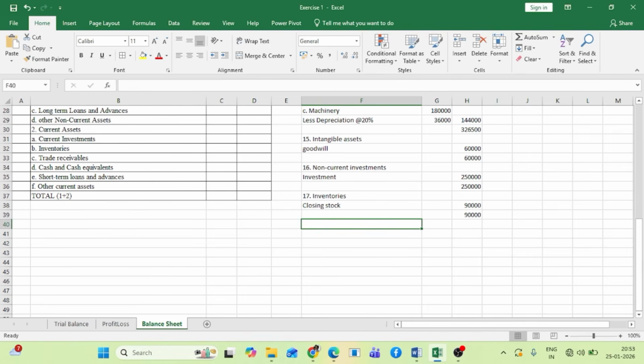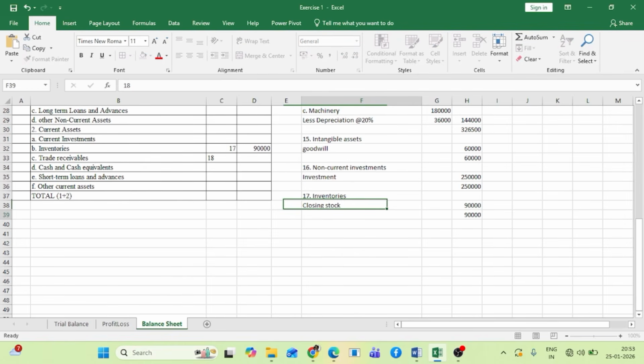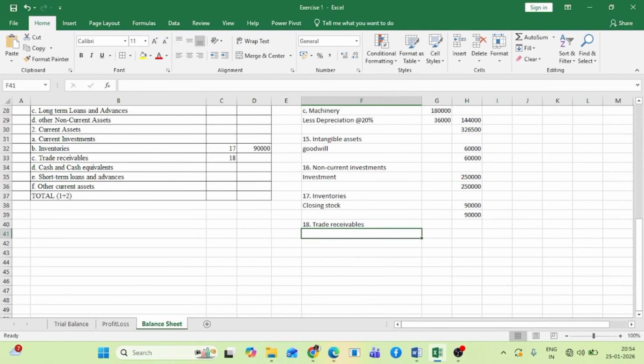Now trade receivables, just like your trade payables, receivables also consist of two components. What are these two components? We'll see now. Under receivables, there are two components. One is your debtors. Your debtors amount is 2,20,000.